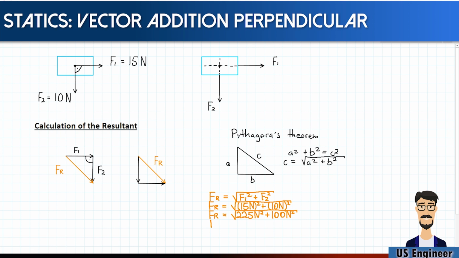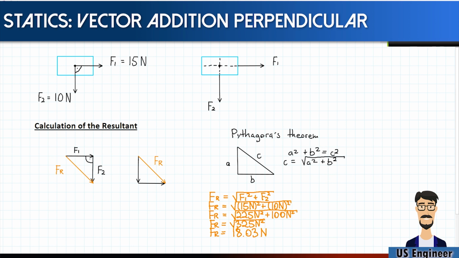And that gives us FR is equal to the square root of 325 Newton squared, and that is equal to 18.03 Newton. So we have taken the square root of 325 Newton squared, and that gives us 18.03 Newton. And that's the magnitude of our resultant force vector.